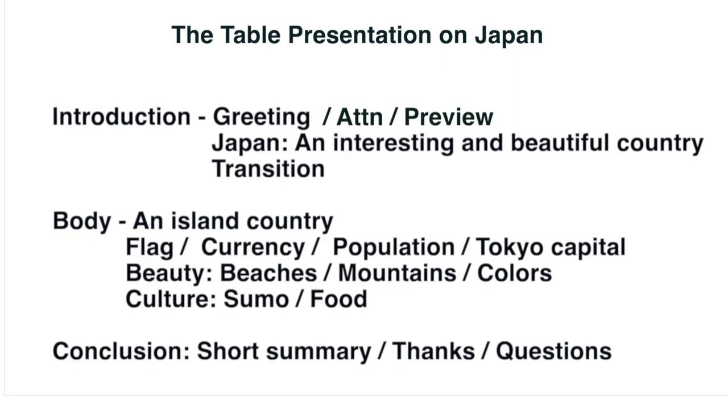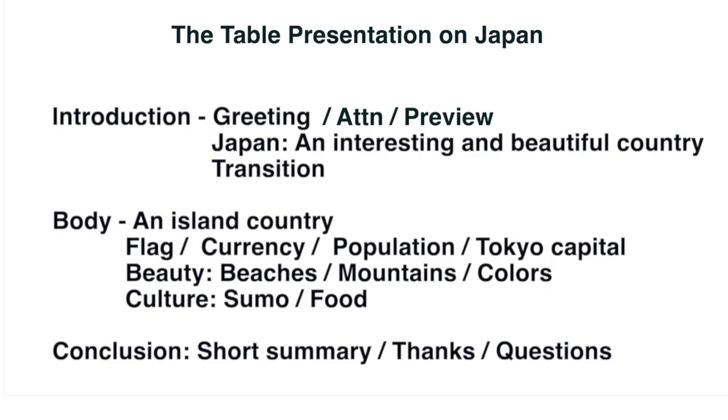It's informal, so I don't have a long introduction. In the body, I mention the geography. It's an island country. Flag, currency, population. Now, I know the flag is white with a red circle, and I know the currency is the yen, so I don't have to write down every word.